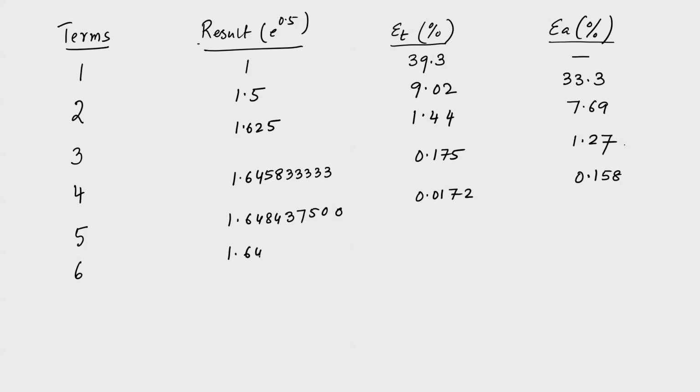In fact, it gives you 1.648697917, and this is 0.00142, and this is really 0.0158. So, you see that it falls below 0.05%, and we can stop the iteration.